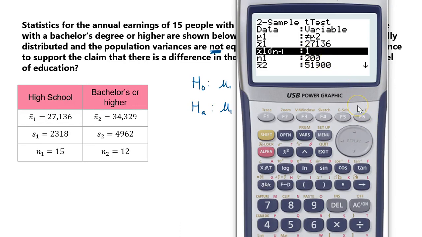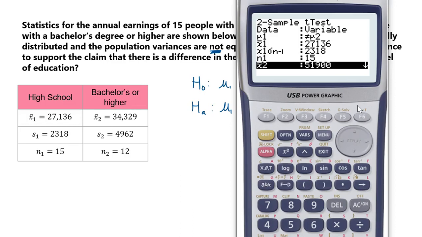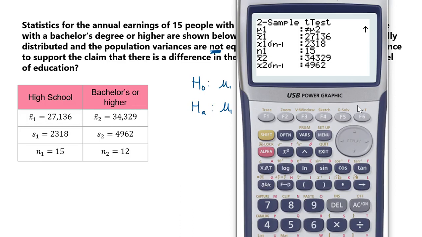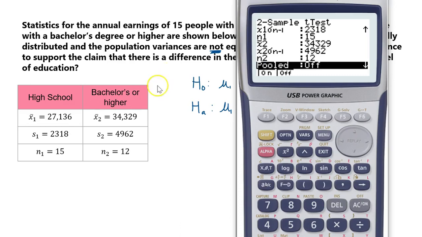So our standard deviation here is 2318, and our sample size is 15. For population 2, the mean is 34,329. The standard deviation is 4,962, and the sample size is 12. And then pooled here is going to be off because the variances are not equal. If it said they were, we would change this to on. So you have to pay attention to that for the t-test.